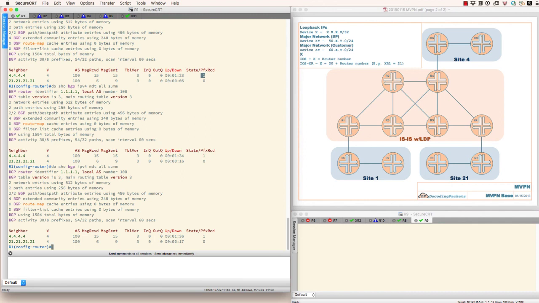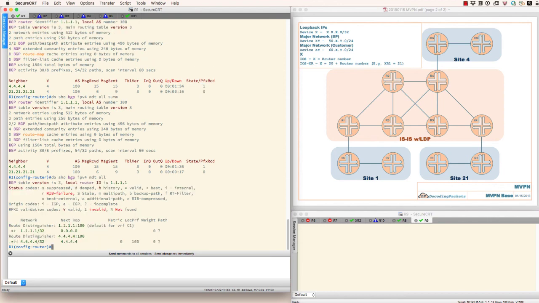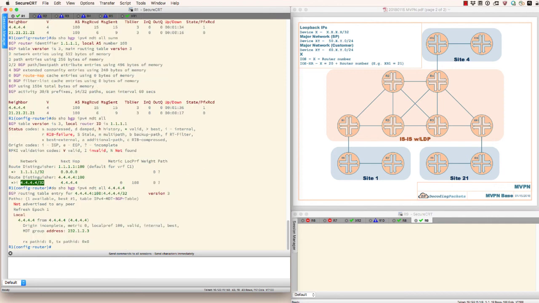But at least from R4 I am receiving a prefix. Let's take a look at that prefix. So we will say do show BGP IPv4 MDT all, and there's one route that I'm receiving, and it is the loopback for R4, so that's my S. And let's take a look inside that route, MDT all 4444.